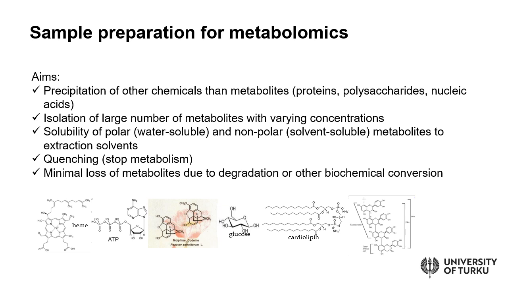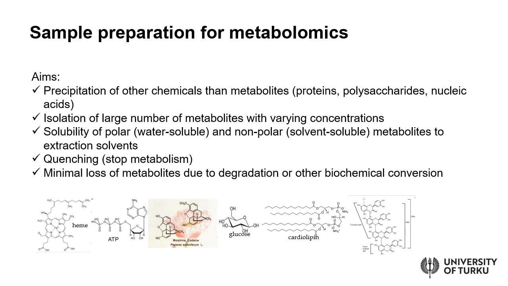You might recall that on Monday I mentioned that with metabolomics you can address all the chemicals after you precipitate proteins, polysaccharides, and any genetic material from your samples. So first thing is that you need to get rid of those that are harmful or that might hinder the analysis or the detection of metabolites.